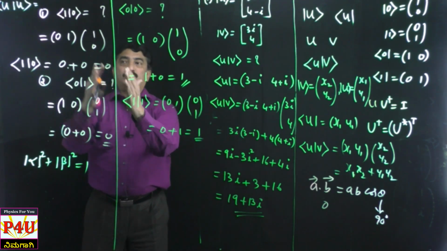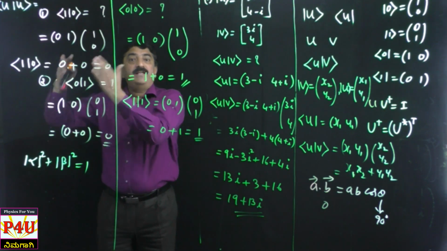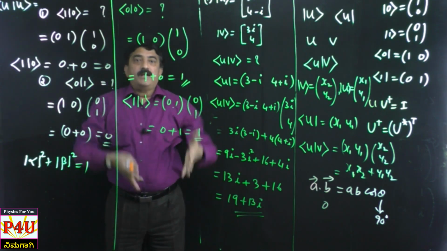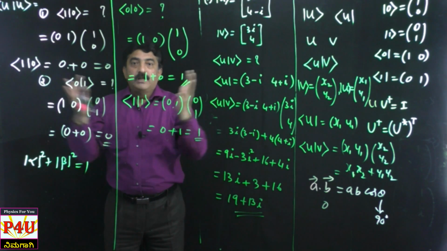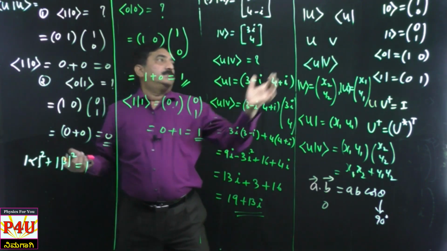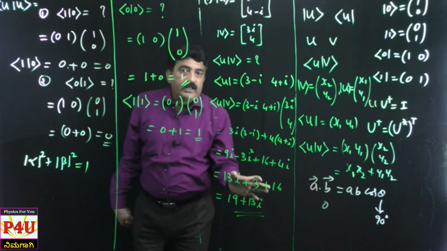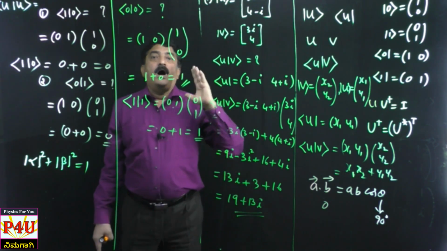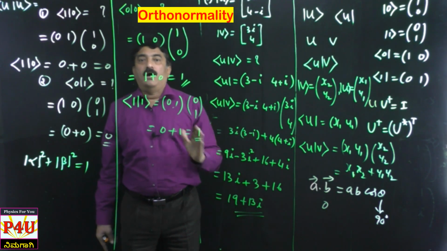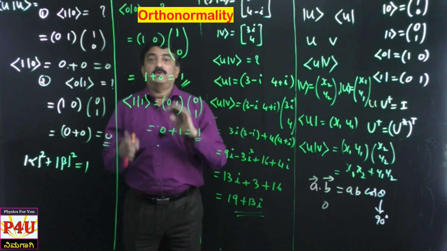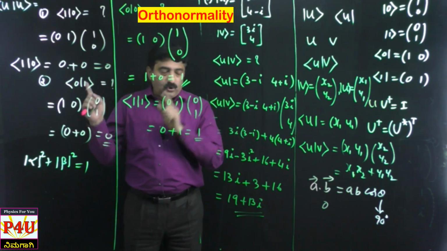Now I club these two. In this part I explained orthogonality, and in this part I explained normalization. Clubbed together, I call 0 and 1 not only orthogonal, not only normal, but orthonormal. Orthonormality: orthogonal plus normal.